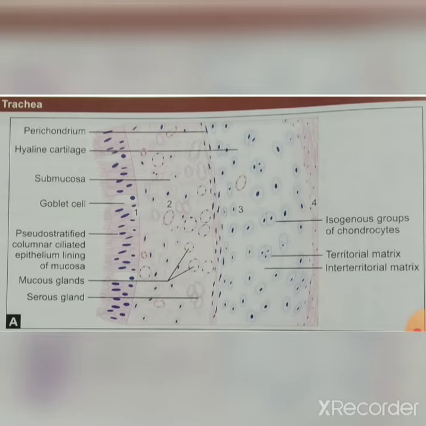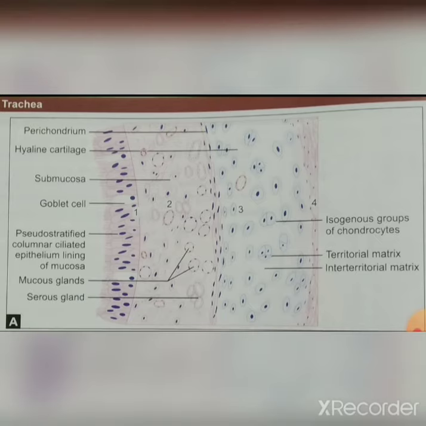So the trachea consists of four layers: mucosa, submucosa, hyaline cartilage layer, and the adventitia. The mucosa is lined by pseudostratified ciliated columnar epithelium with goblet cells and underlying lamina propria, then the submucosa with loose connective tissue, mucous gland, serous gland, blood vessels and ducts, and the hyaline cartilage with its perichondrium with outer fibrous and inner chondrogenic layer.